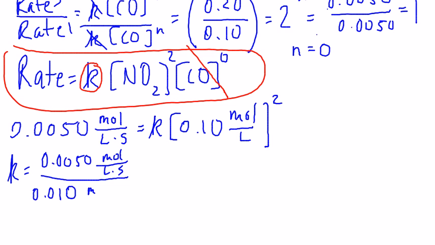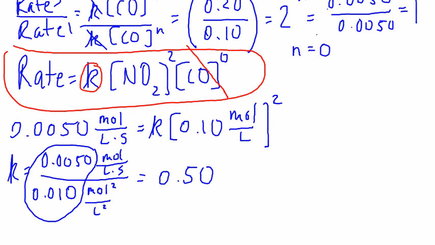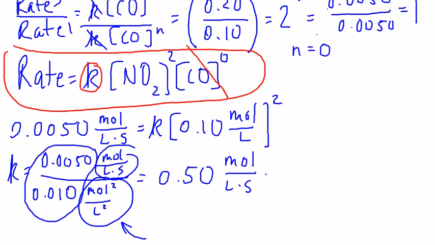And now I do have to also square the moles and the liters. When I do this, I get 0.50 when I divide just the coefficients here, just the values. And let's look at these units. If it's moles per liter times seconds, and I divide this by this, I invert the bottom and multiply.